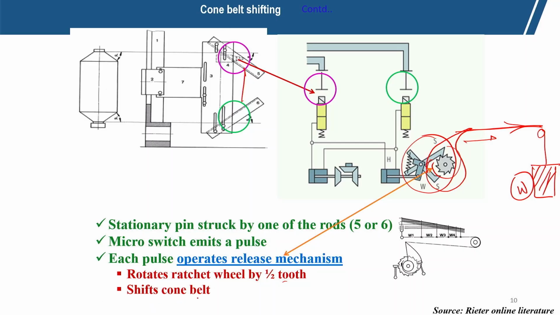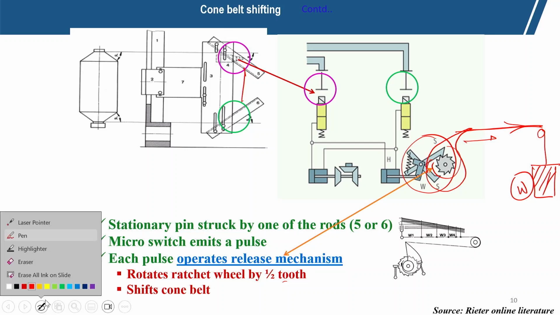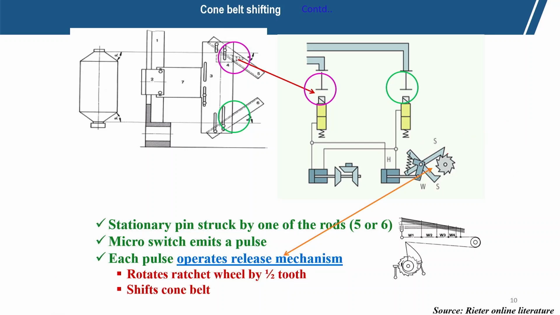Now the ratchet is rotating by half a tooth, but as it is connected with the eccentric arrangement, due to this eccentric design the shifting of the cone belt will be different after every layer.